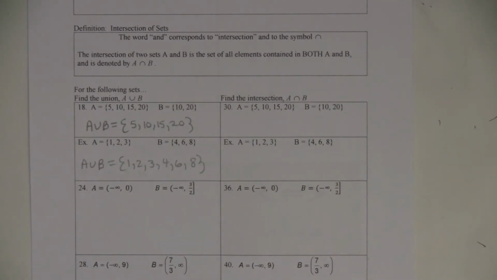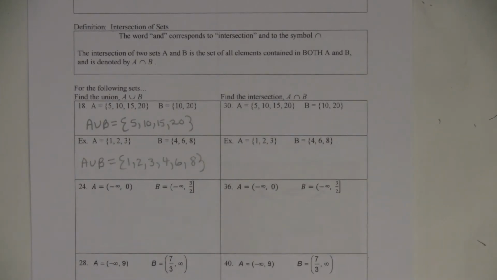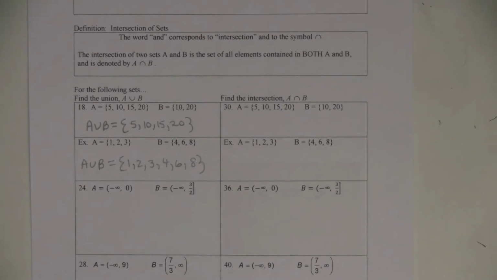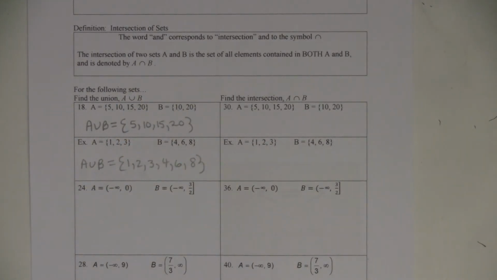There are times when we have the word or, like when we go to the bank. If you go to the bank and you have an account that has two people's names on it with the word or in between, the union is the or value.